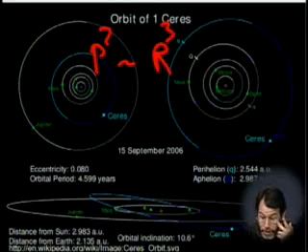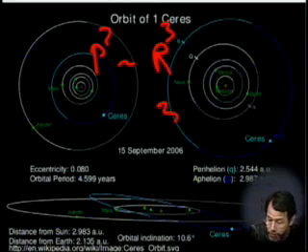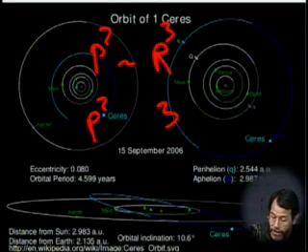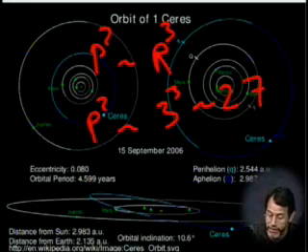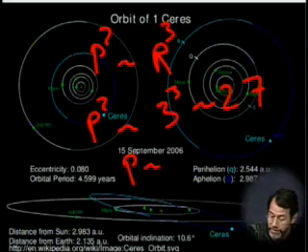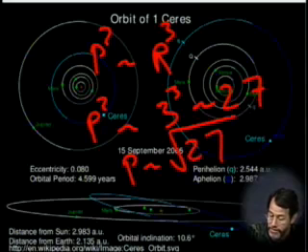So now we know that the radius is 3 cubed. So period squared in years is 3 cubed. What is 3 cubed? 3 times 3 is 9. 3 times 9 is 27. So now the period in years has to be about the square root of 27, because this was squared. So let's see, 4 squared is 16, 5 squared is 25.